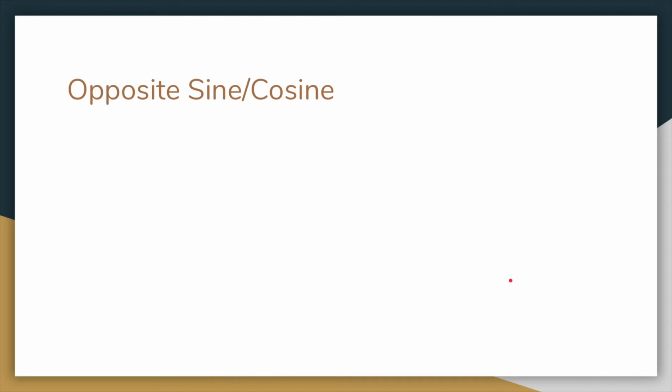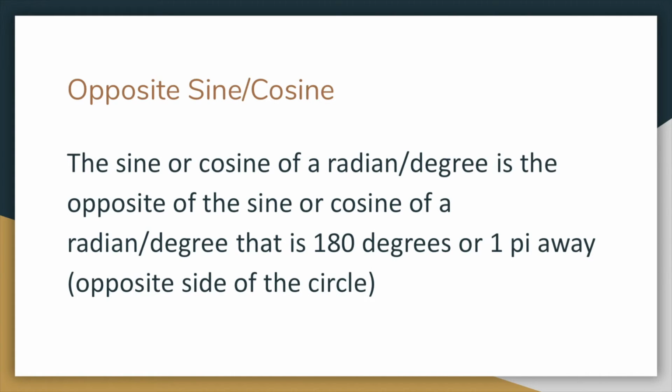Another pretty simple pattern is the opposite side pattern. This just means that the sine or cosine of a radian or degree is the opposite of the sine or cosine of a radian or degree that is 180 degrees or 1 pi away, or on the opposite end of the circle.